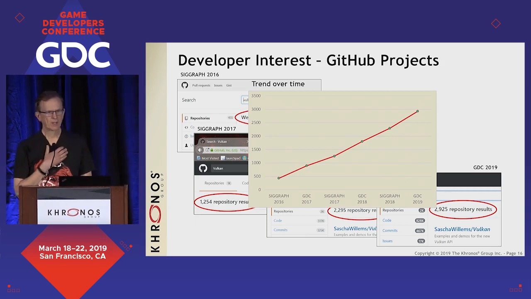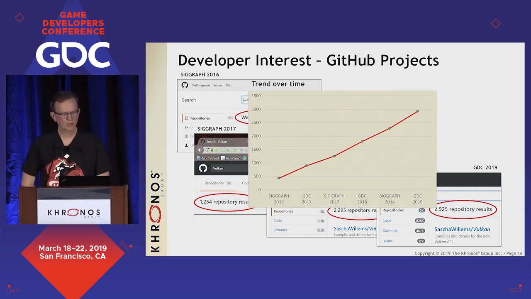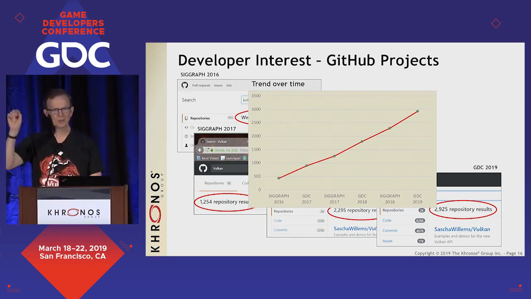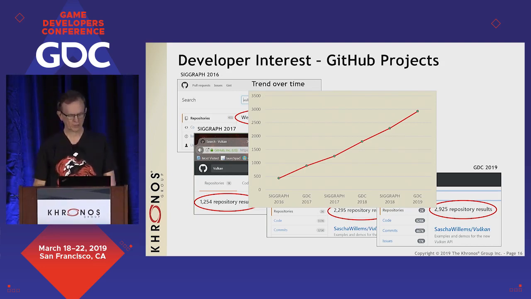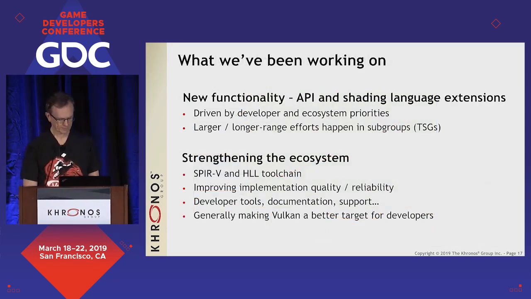And then another thing I like to track is the Olson metric. The Tom Olson metric is you go to GitHub, you type Vulkan into the top-level search box, and you see how many projects are out there that have some mention of Vulkan in them. And I've been doing this since SIGGRAPH 2016, and Sunday night. That's Sunday night, and now I can plot a trend.